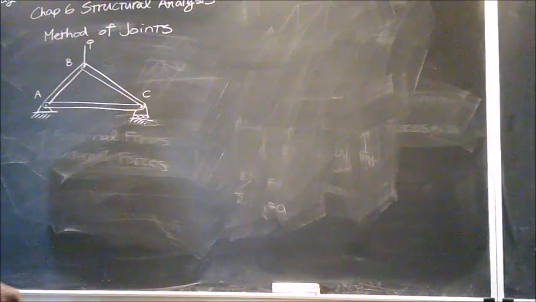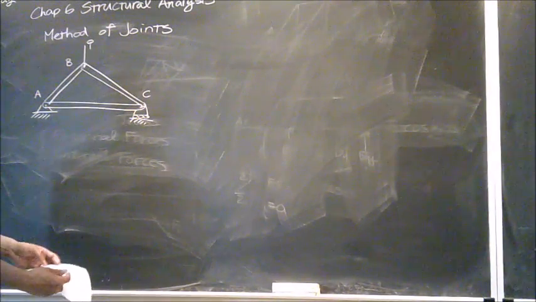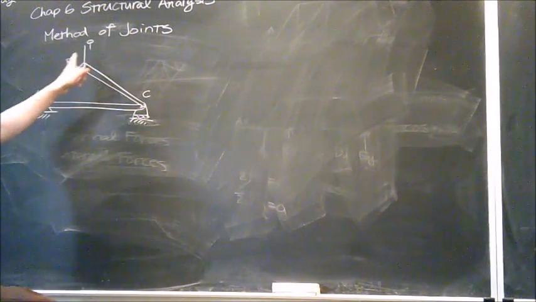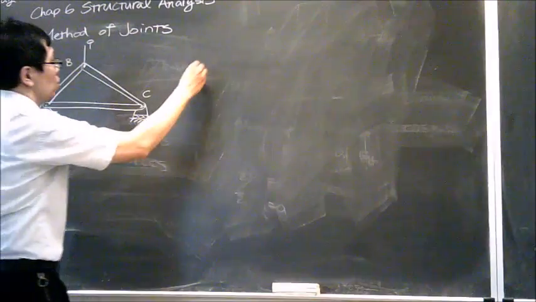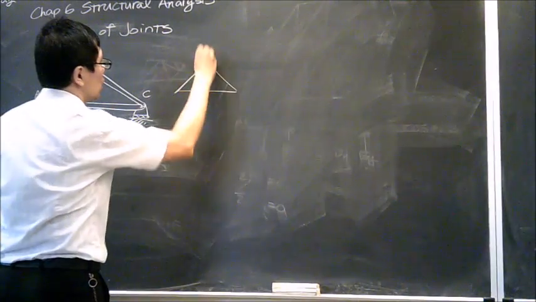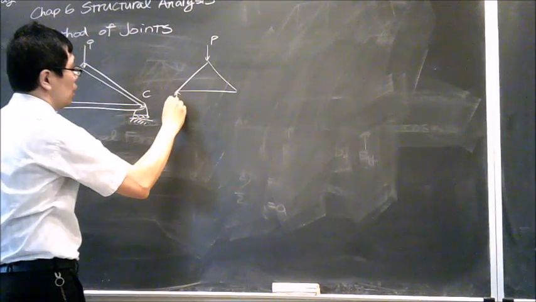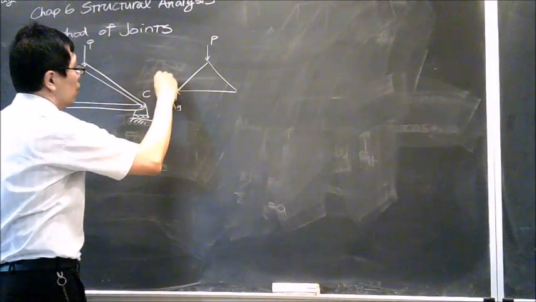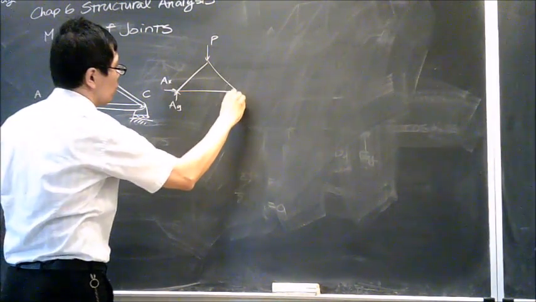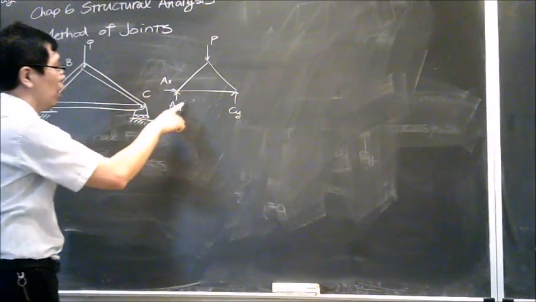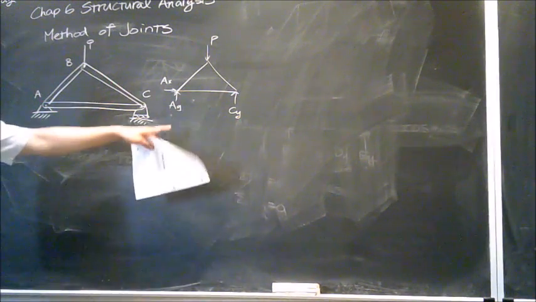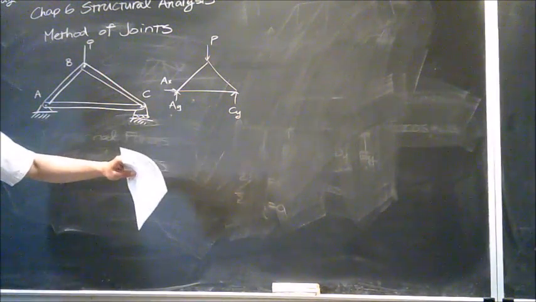When I have a structure like this, where you have P applied at B, the first thing you need to do is treat everything as a whole system and figure out how much force you need to provide at point A and point C. Those are the analysis for external forces.